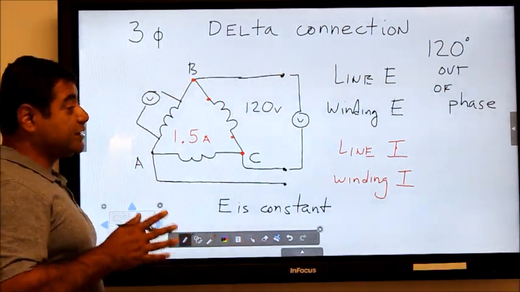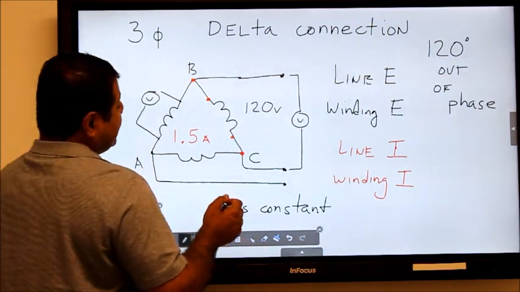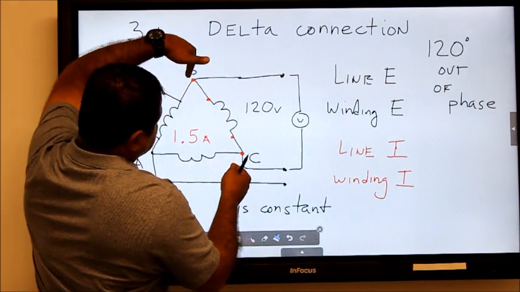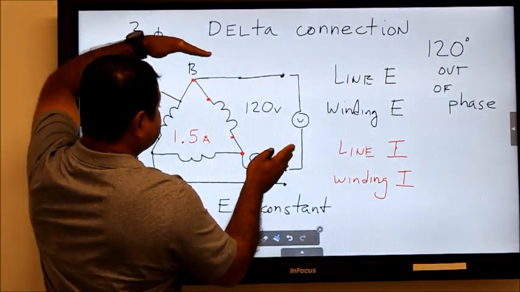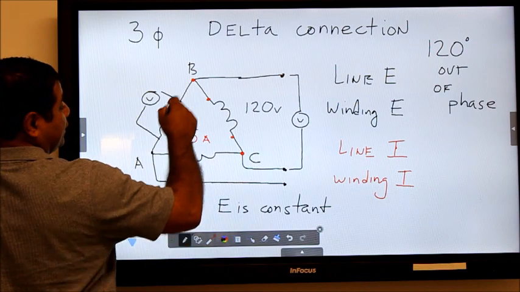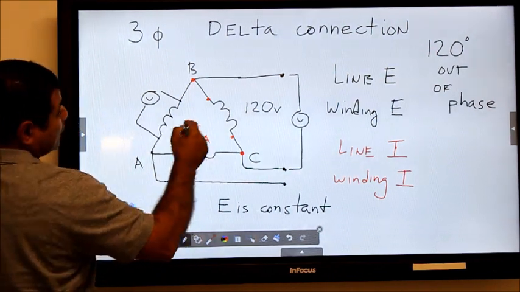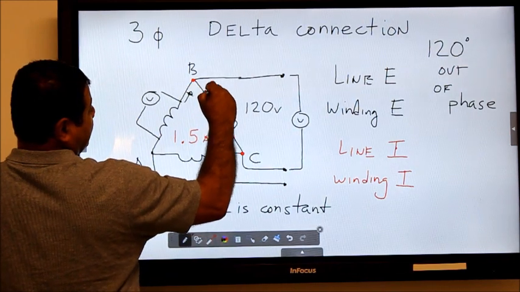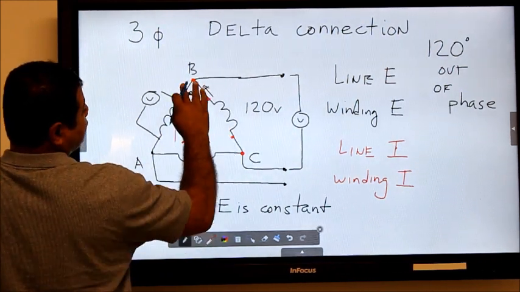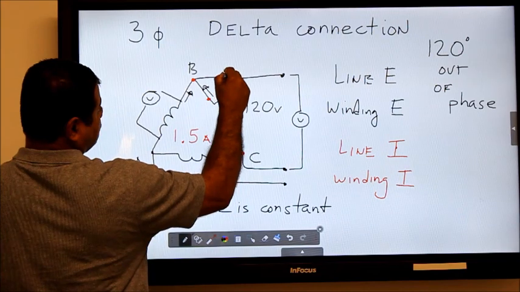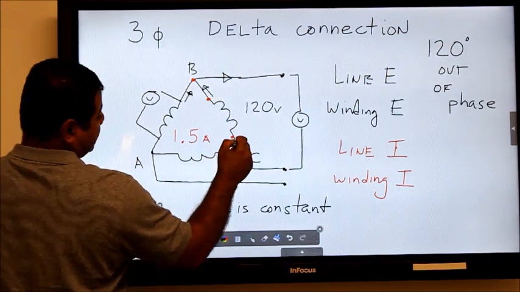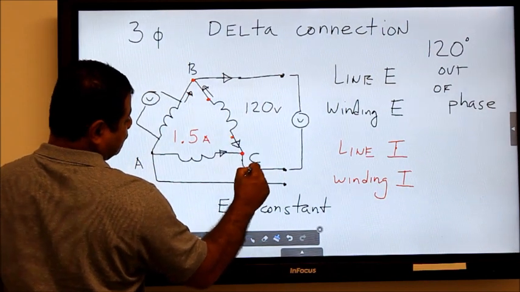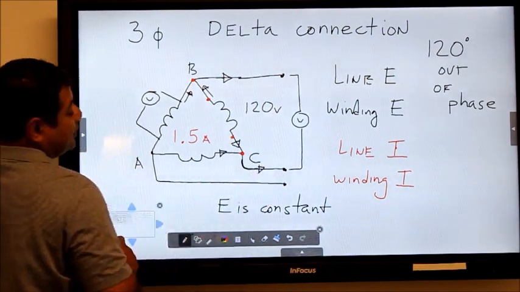The current, however, is very different. Notice that the current in the line is different from the current in the individual winding. Notice that the current travels from here and from here. These two provide the total that goes onto the line. Same thing here. These two currents add to the total that go to the line.